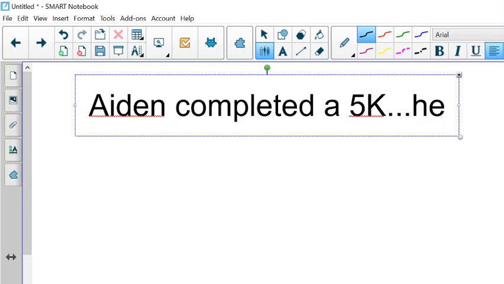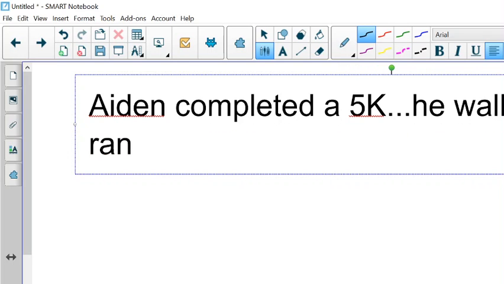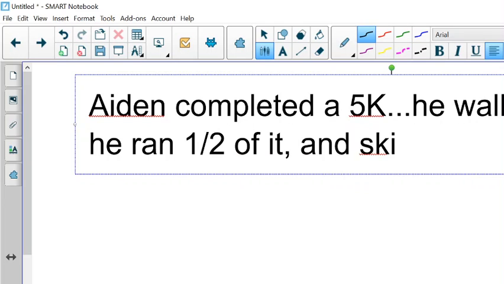He walked, let's have him only walk 2/8 of it. He ran 1/2 of it and skipped 1/4 of it. Okay.